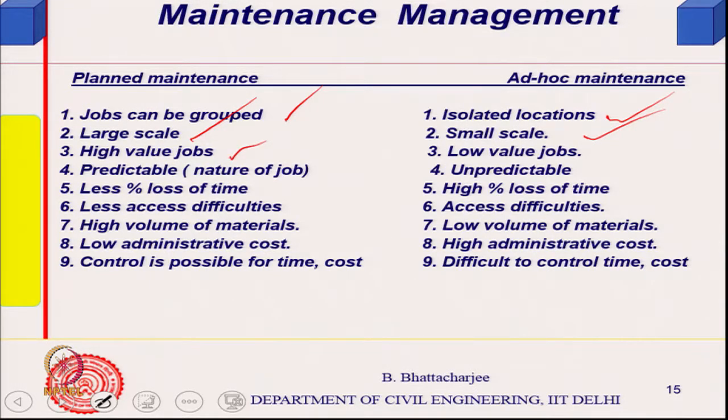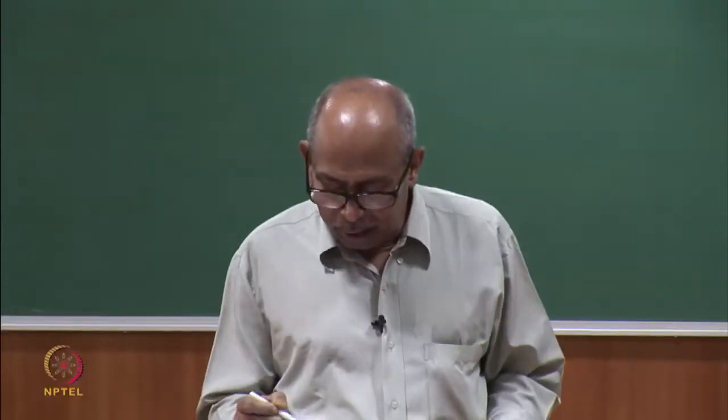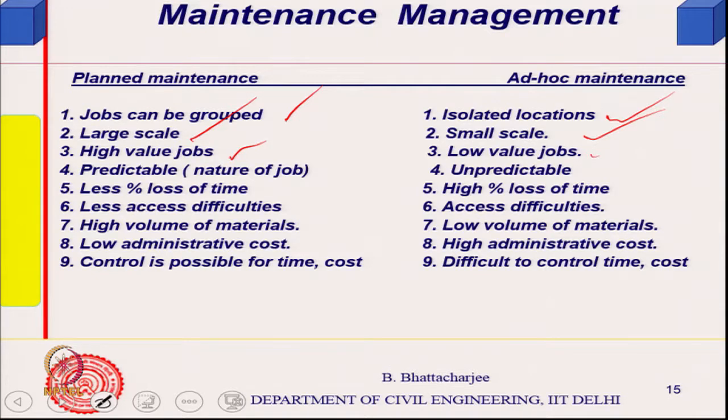Obviously, high value jobs in the sense that you will give a bulk. Here each job is low value, but finally you will be doing the same thing. Here those ones which are predictable, that is what you will take. And in this one you have decided not to do predictable, so only unpredictable things will be taken in that ad hoc part.